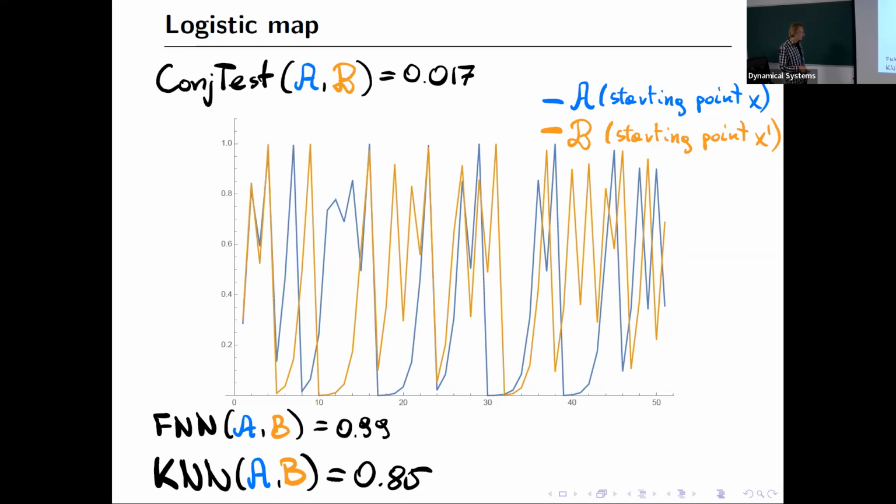FNN and KNN unfortunately are very sensitive to all perturbations. We computed our examples for all of them because they were our initial inspirations, but we can see in our examples that in most cases they are maybe too sensitive to deal with noise or with more chaotic behaviors.